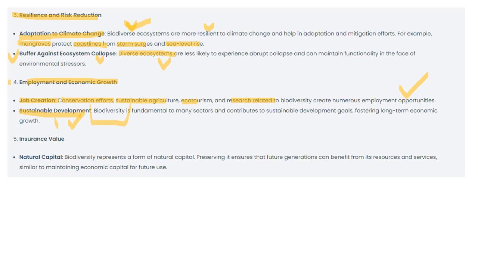So sustainable development and biodiversity: who will talk about sustainability? Those who are biodiversity rich. Okay. And the insurance value. Biodiversity is a natural capital. So it ensures the future generation can benefit from its resources and services.